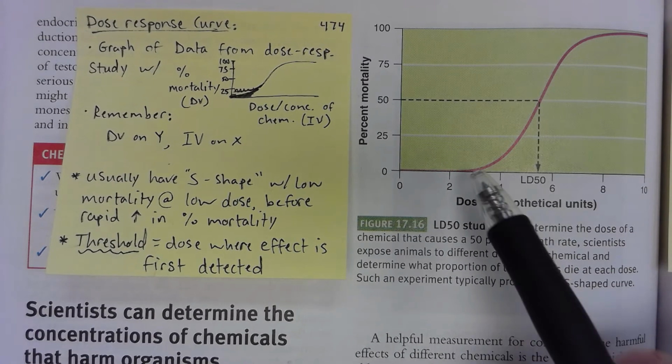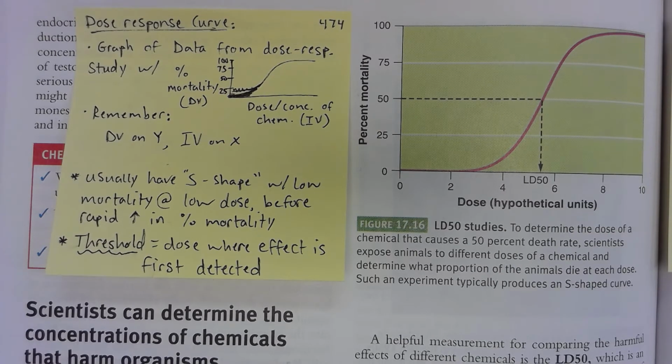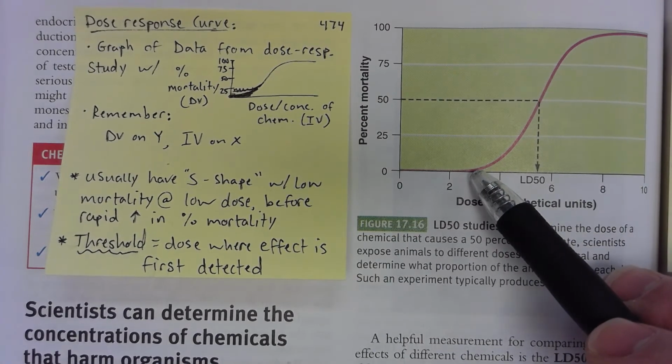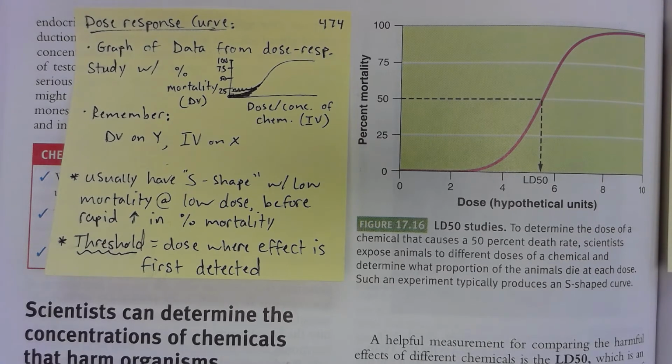The threshold, which might be right around 3 of this hypothetical dosage, is the first dose where the effect is actually detected, meaning we're measuring some mortality. So even though only 1 or 2% of the organisms have died here, that would be the threshold, because it is the point where we do start to detect mortality.